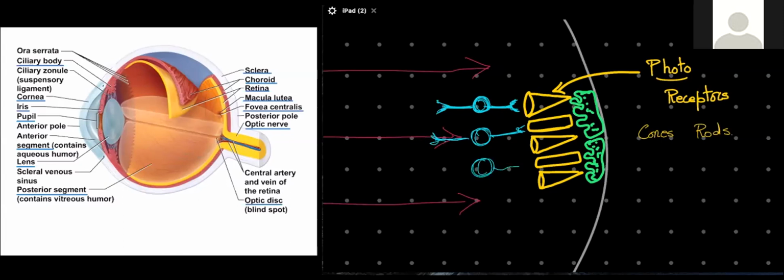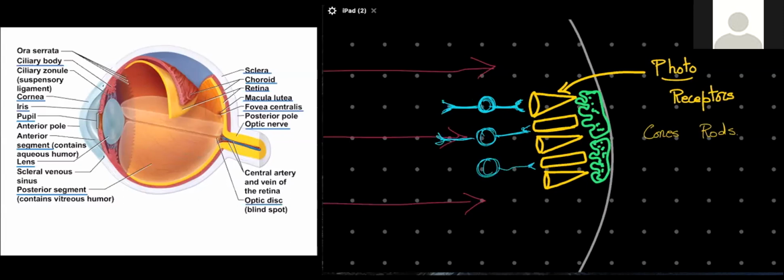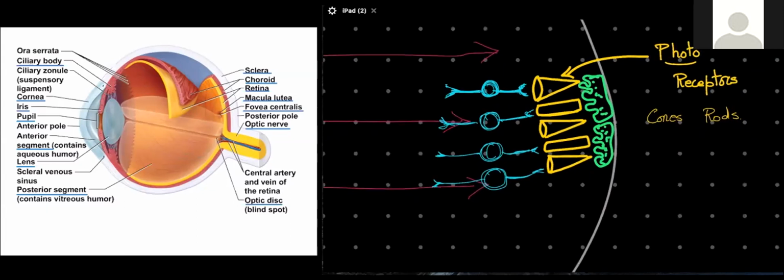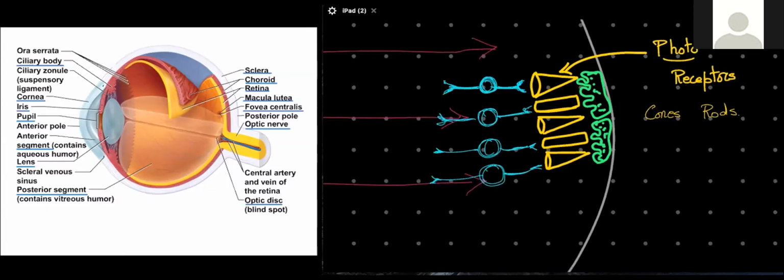One that will be acting as a receptive region, one that acts as a dendrite, and the other one acts as an axon. So those cells that will have two processes coming out, those are what we call the bipolar cells. And this is going to be the bipolar cell layer.